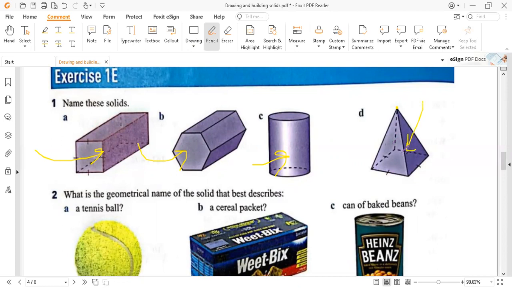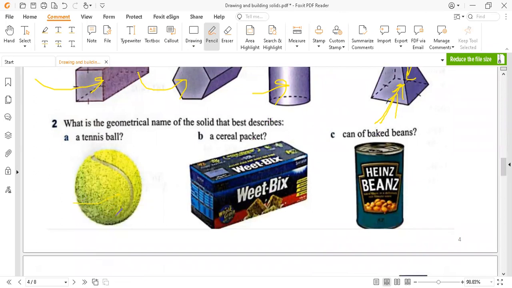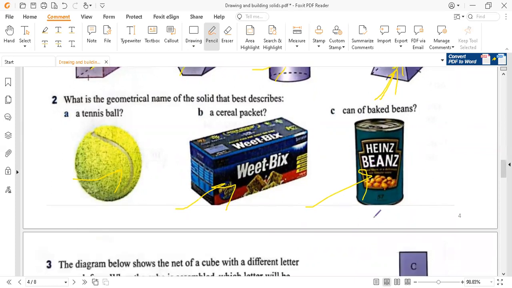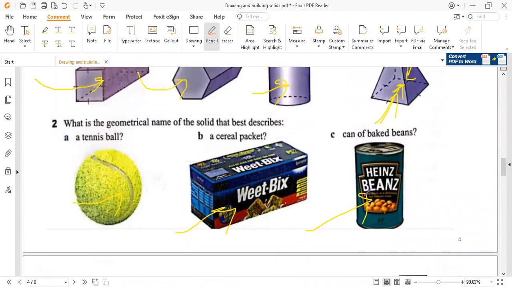It is a rectangular pyramid because the base at the bottom is a rectangle. This is a sphere, like a tennis ball, and this one is a rectangular prism. This one is like this can of baked beans, a closed cylinder.